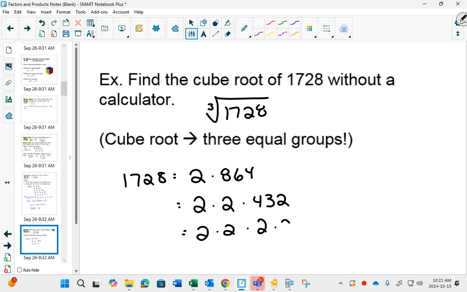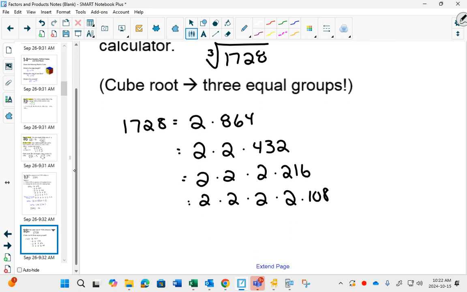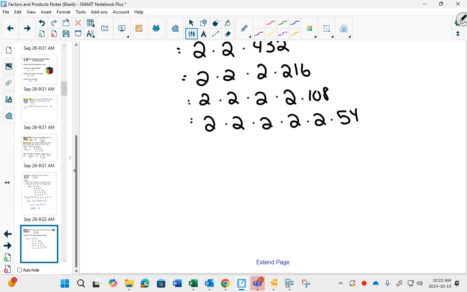To be 216, which can get cut in half again, which is 108, which can get cut in half again, 54, and that can get cut in half again, or you could change it to 9 times 6.